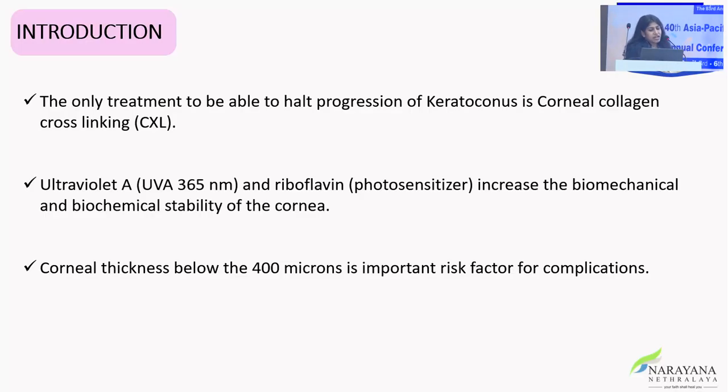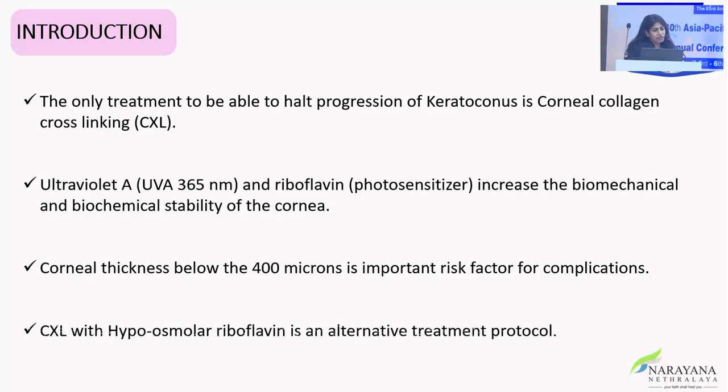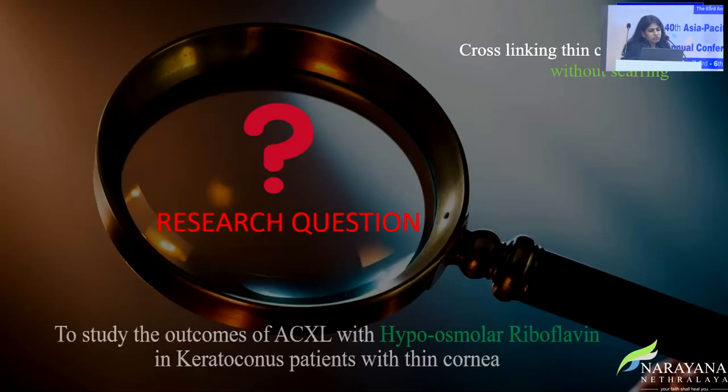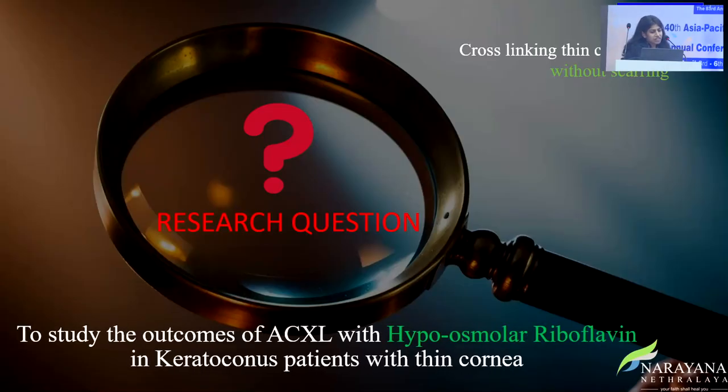However, corneal thickness below 400 microns is an important risk factor for complications. Apart from modifications in the procedure, various riboflavin solutions have been indicated to play a key role in the efficacy of corneal collagen cross-linking. So, collagen cross-linking with hypoosmolar riboflavin is an alternative treatment protocol.